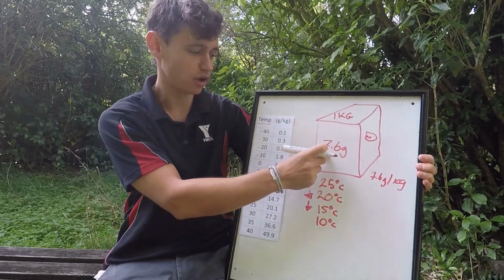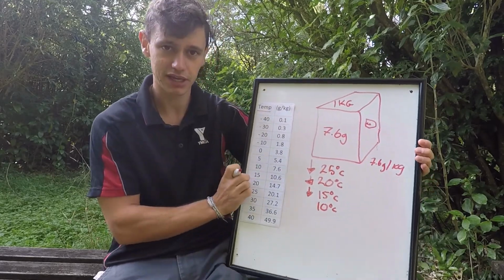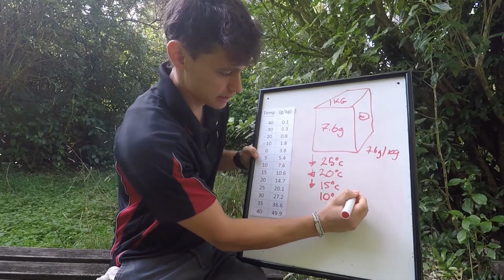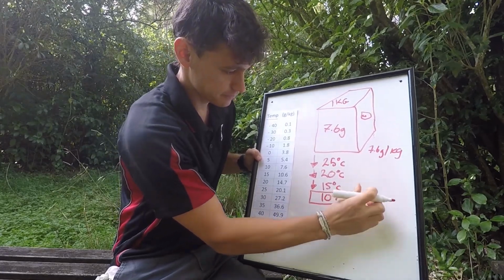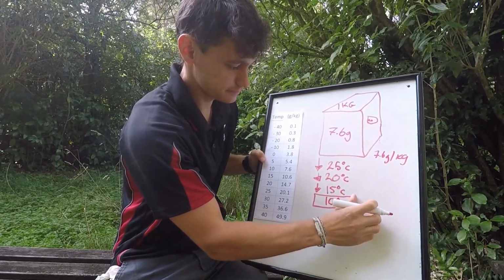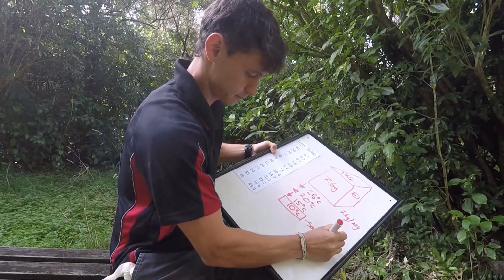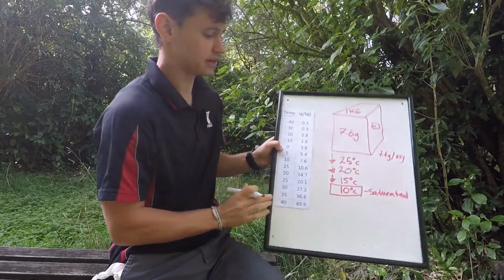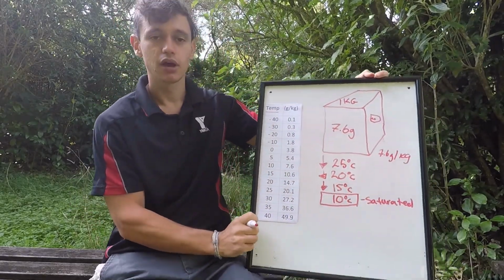So the air is holding the maximum amount of water content that it possibly can, it cannot hold any more. So I'll just do this. Lovely. This air is now saturated. Maximum amount of water content.